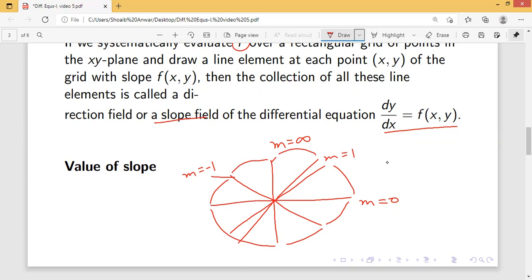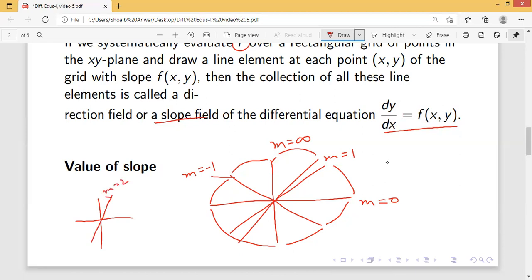For example, let's suppose you have a line with slope 2. Of course, that line will be above the line with slope m equal to 1. So it can be like that, that is slope m equal to 2.